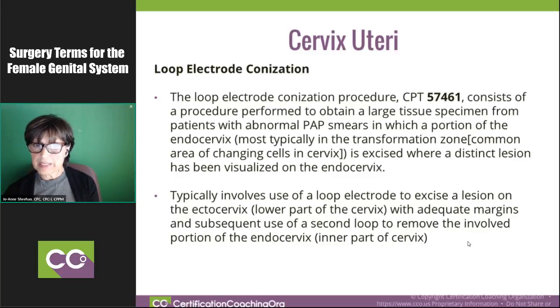And this tissue is excised where a distinct lesion has been visualized on the endocervix. It typically involves the use of a loop electrode to excise a lesion on the ectocervix, the lower part of the cervix, with adequate margins, and then subsequent use of a second loop to remove the involved portion of the endocervix, the inner part of the cervix.